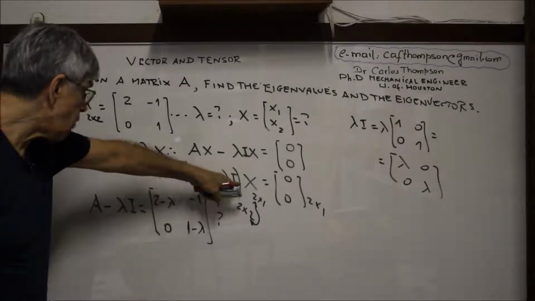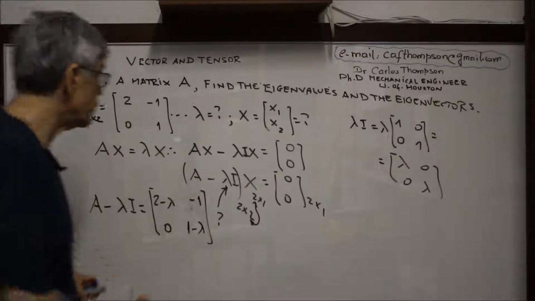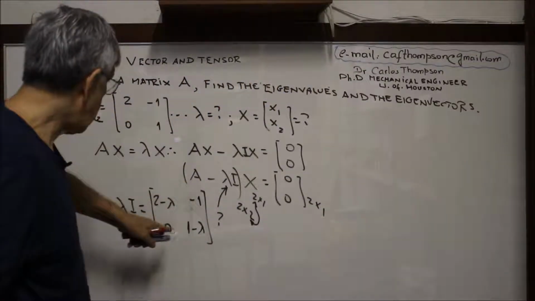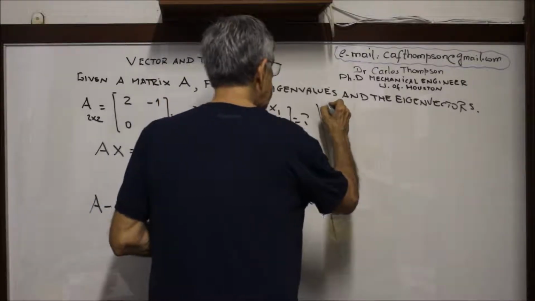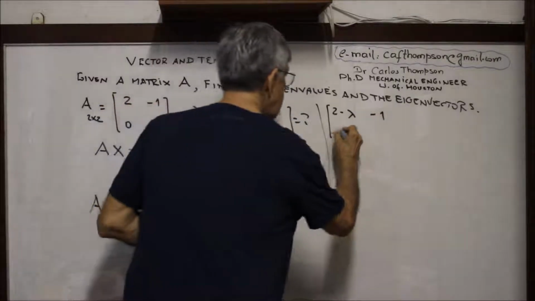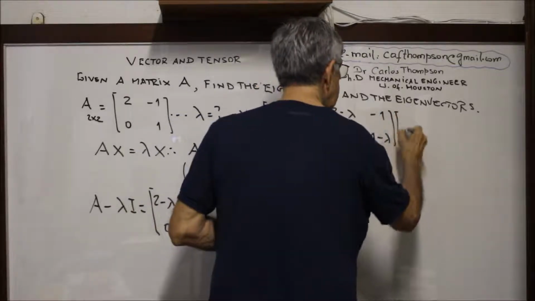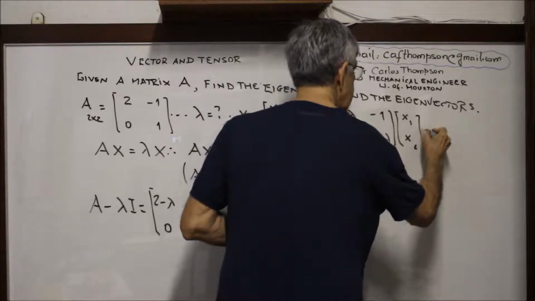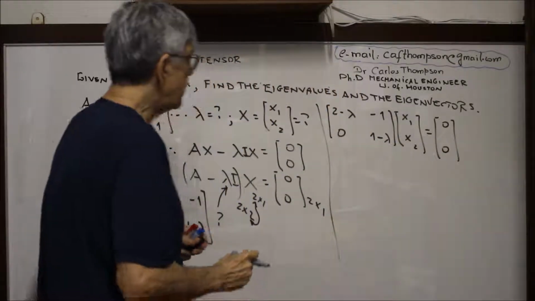Now I have to solve this equation over here. I have to solve this homogeneous equation, so let's do it. The homogeneous equation: A minus lambda I, this 2 minus lambda, minus 1, 0, 1 minus lambda, times x1, x2 is equal to 0.